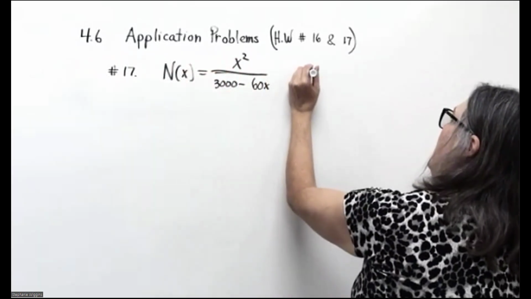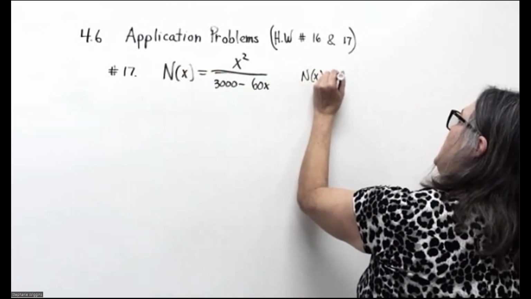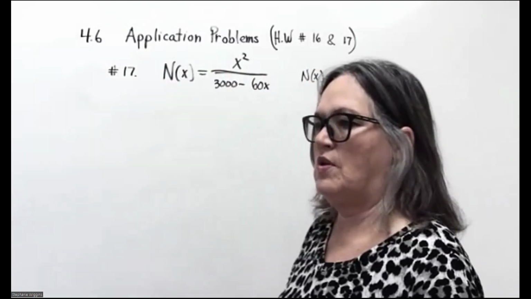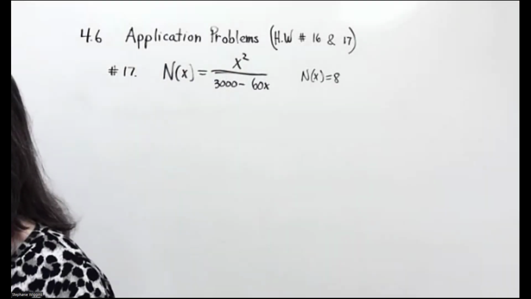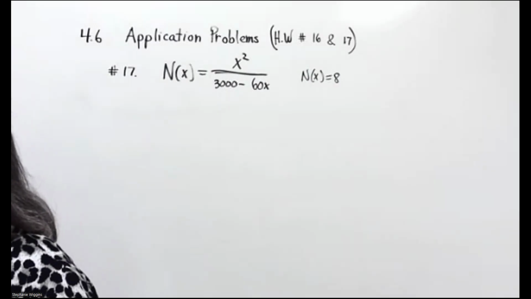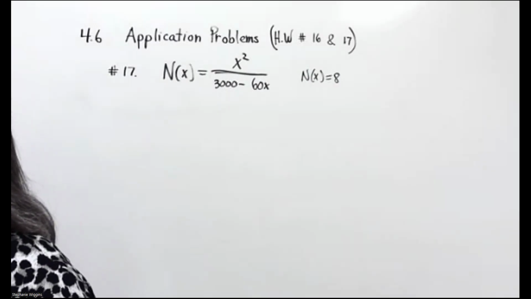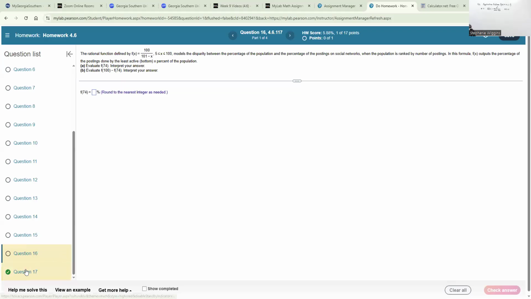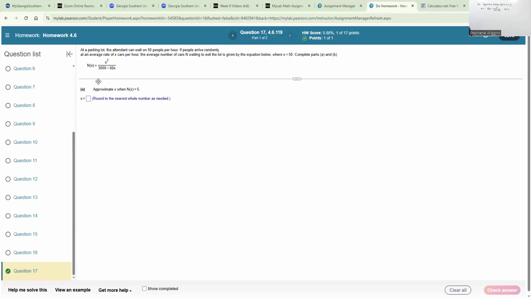And we're given that n of x equals 8. So let's take a look at that problem real quick. Here we have our function, and this problem says n of x equals 5. I did it with 8.